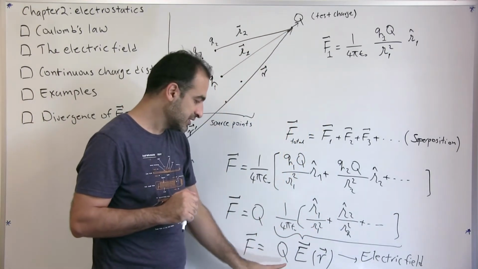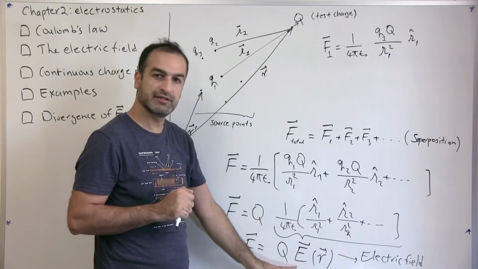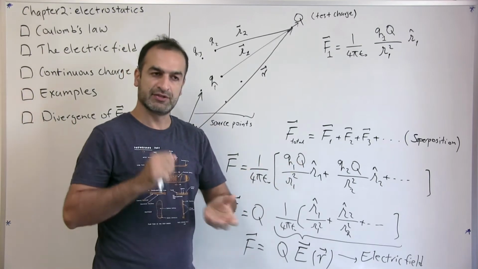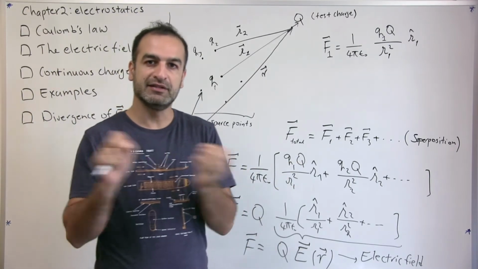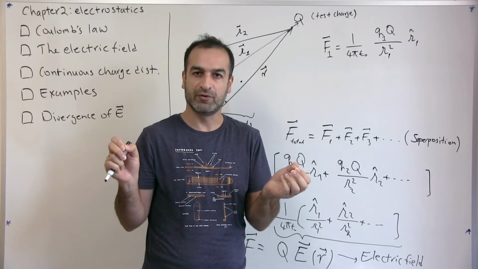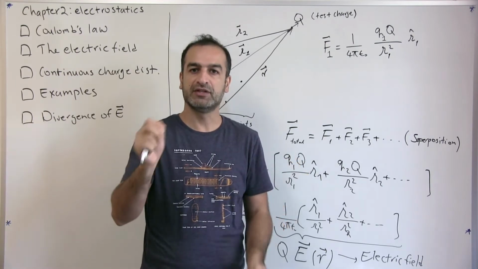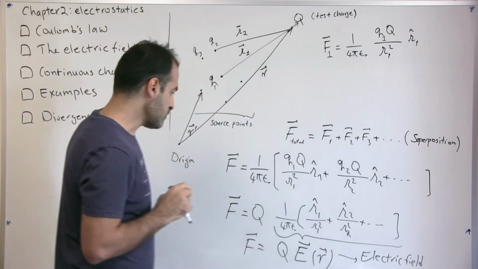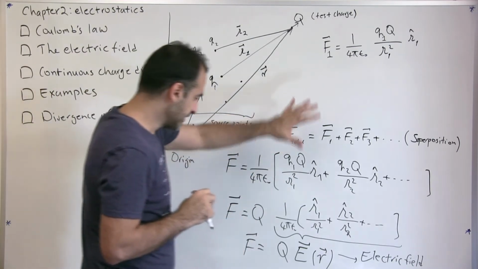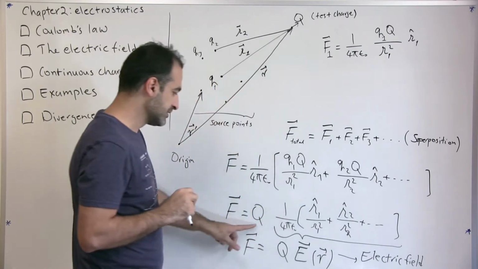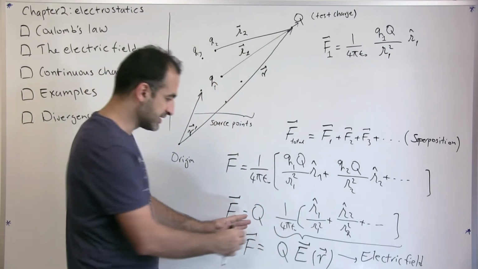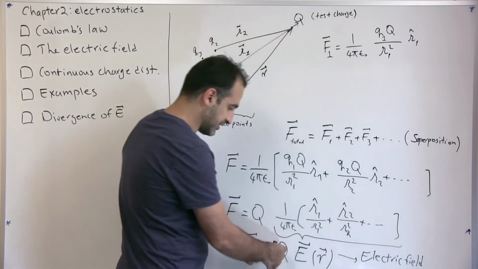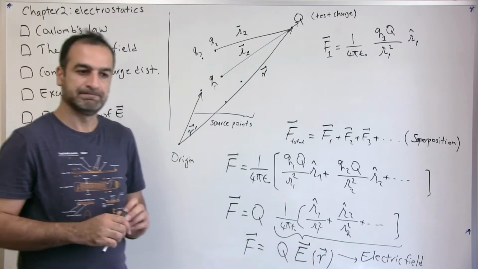So the combination of the charge times electric field is going to be a vector with a direction and magnitude. So electric field is directly related to any possible force that electric charges would experience if you put them in that electric field. That comes from the fact that the force is linearly proportional to Q.